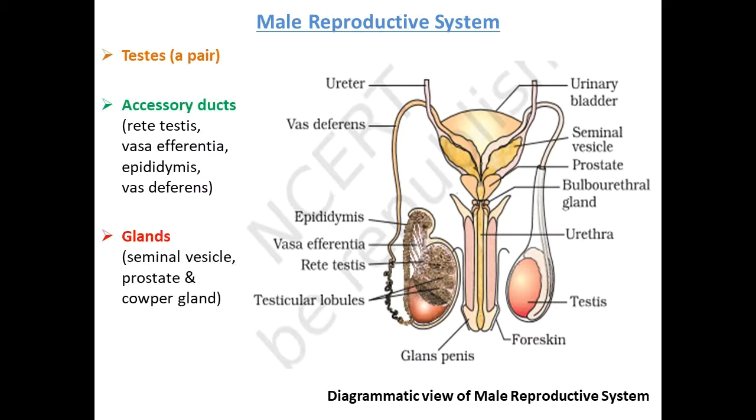The 3 glands associated with the male reproductive system are seminal vesicle, prostate and bulbourethral or Cowper's gland. The next, 4th component of the system, is external genitalia, that means the penis. So these structures we are going to take up in detail in the next part of the lecture.